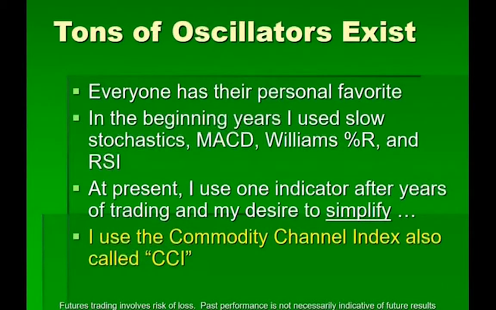And I did that. In the beginning, I used slow stochastics, MACD, Williams percent R, and RSI. And at present, I find that I can just use one indicator after many, many years of trading and my desire to simplify. So I use the commodity channel index, also called the CCI.